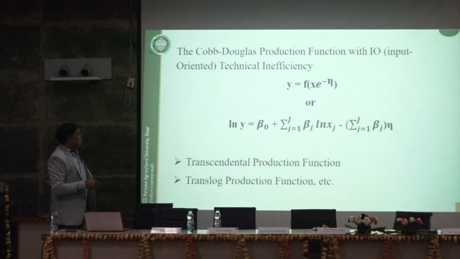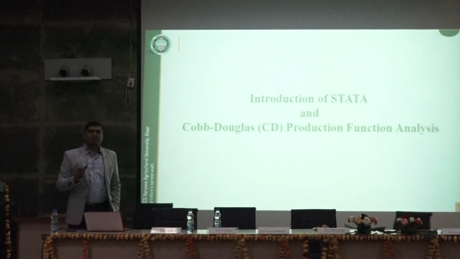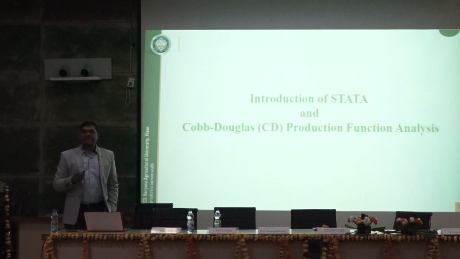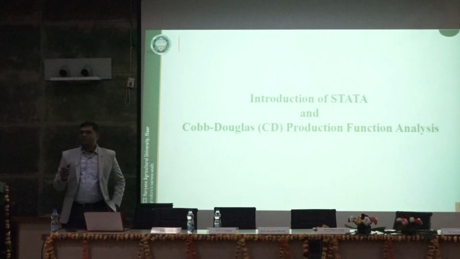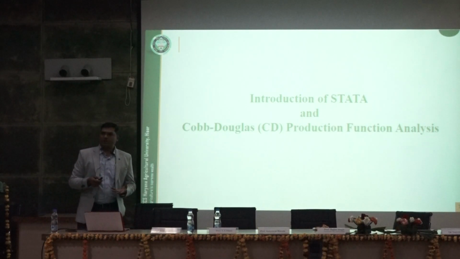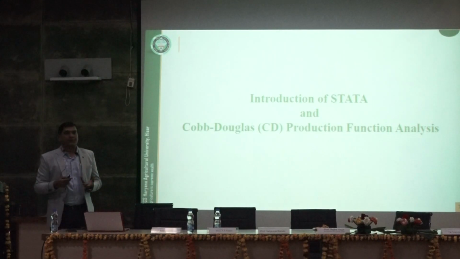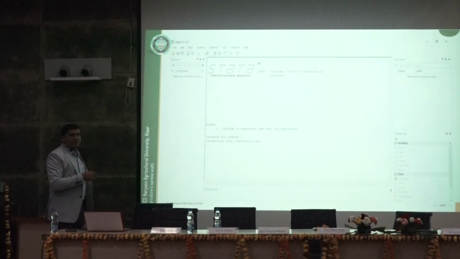So now we will discuss how to open Stata, how to enter the data in Stata, how to generate variables in Stata, and how to analyze the Cobb-Douglas function in Stata. So this is the first window.